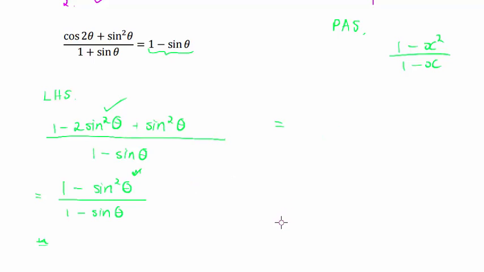This is just 1 minus something squared over 1 minus something. The something just happens to be a sine theta. Isn't it going to be 1 minus sine theta, and then the other bracket is going to be 1 plus sine theta, and then you can cancel.